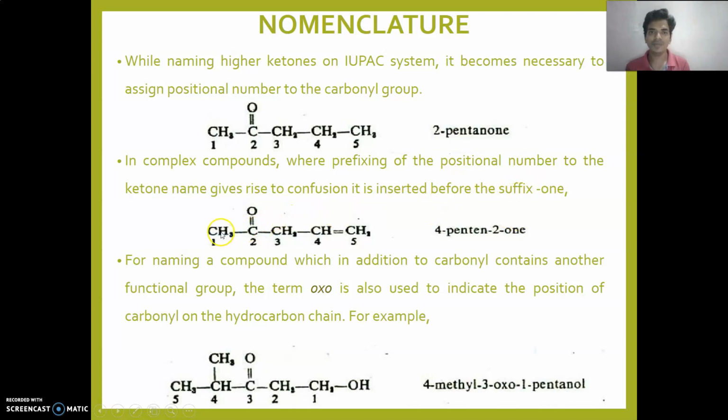So it becomes 4-penten-2-one: at 4-pentene there is a double bond, and at the 2 position C=O. For naming compounds containing another group along with the carbonyl, the term oxo is used to indicate the position of the carbonyl on the hydrocarbon chain. So 4-methyl-3-oxo-1-pentanol, like this, because an OH group is there.